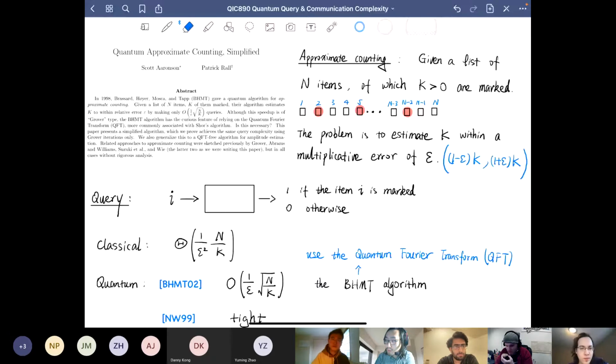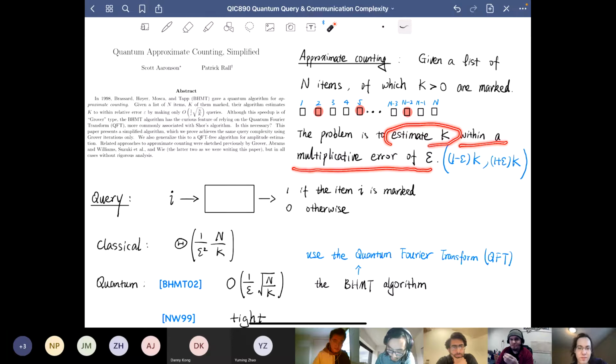I was chosen by Schlaf's quantum random number generator to be the first presenter. The paper is Quantum Approximate Counting Simplified. Approximate counting is that given a list of n items, of which k are marked, your task is to estimate k within a multiplicative error of epsilon.